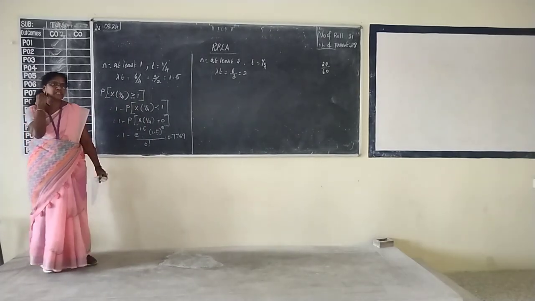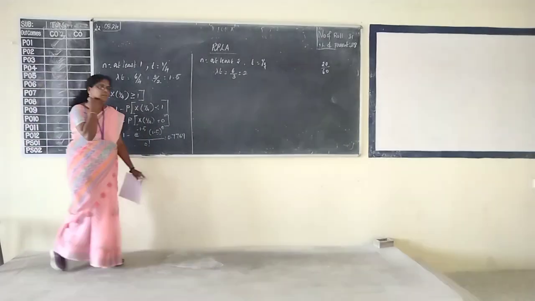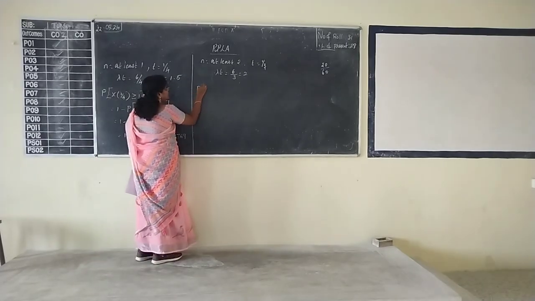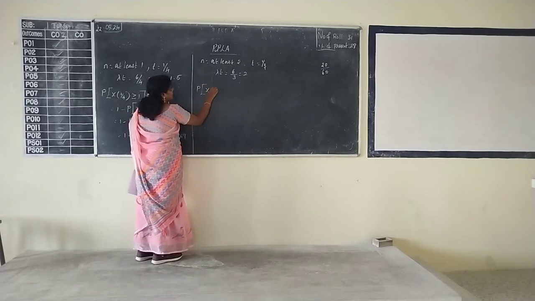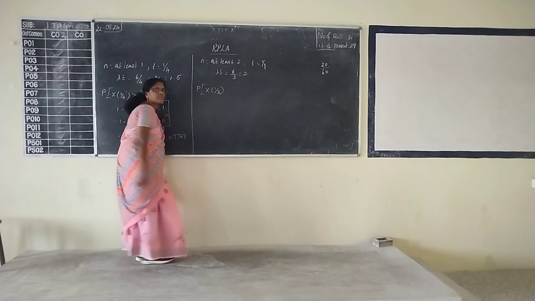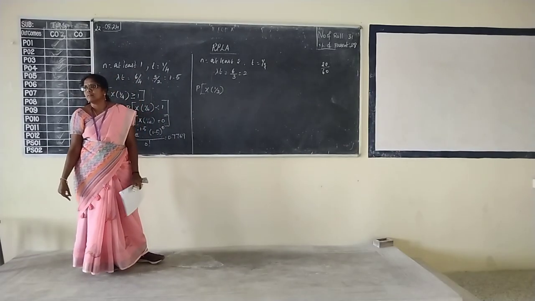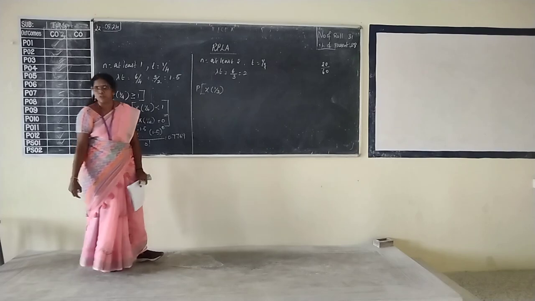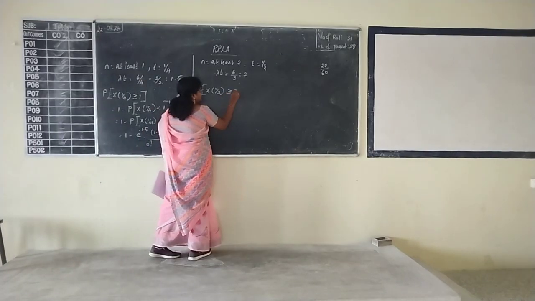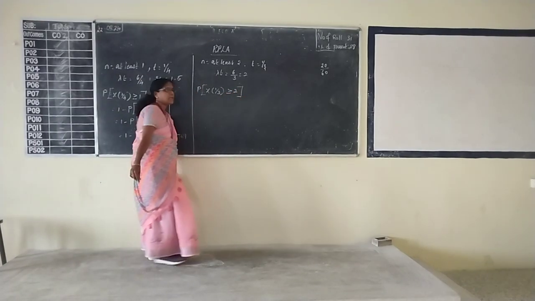Again the same logic applies here. So what are we supposed to find? Probability of X in 1 by 3 hour greater than or equal to 2. Can you solve it directly?